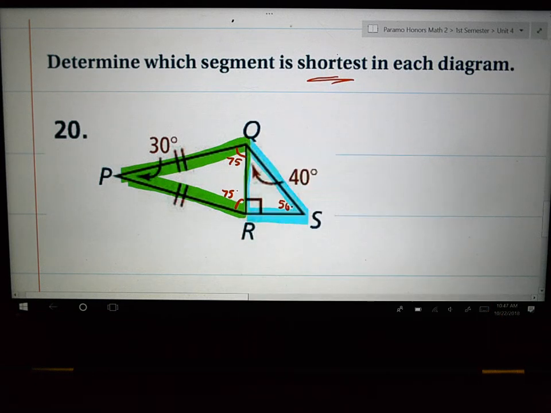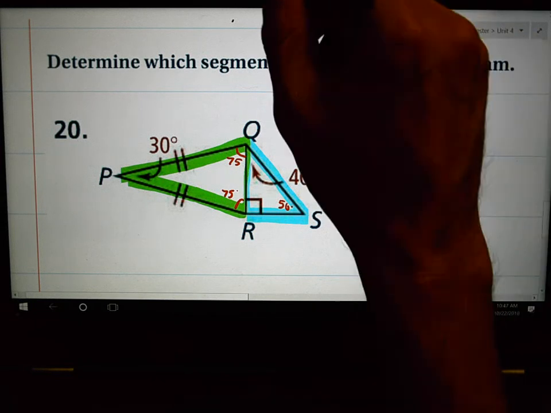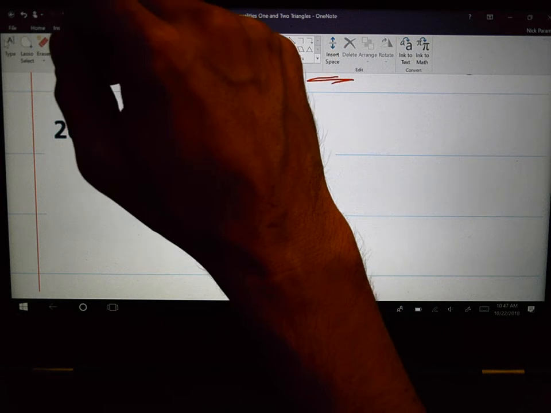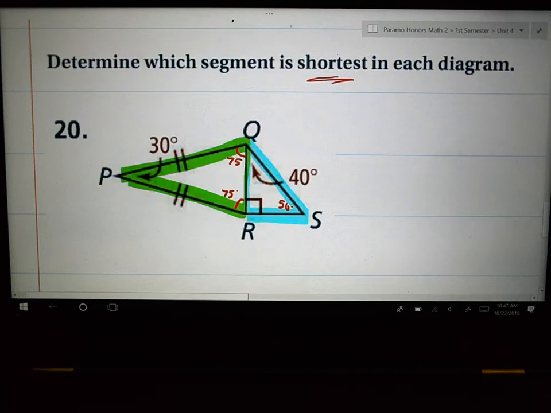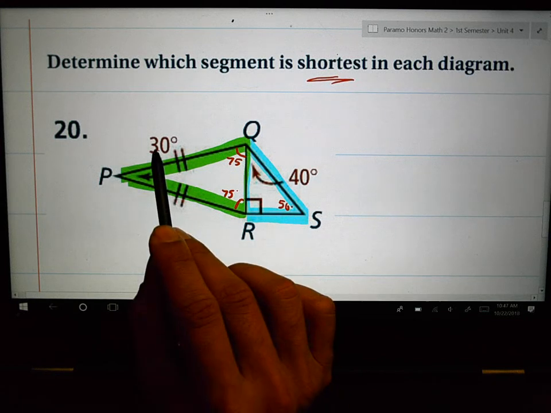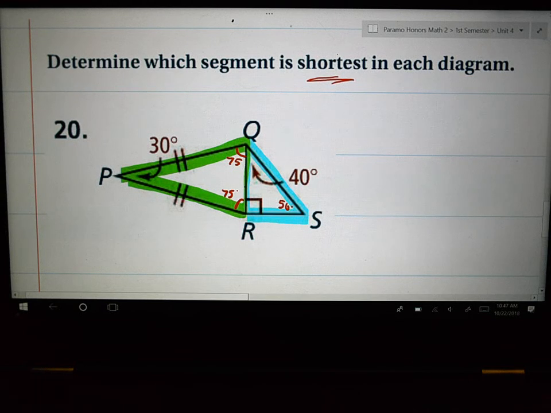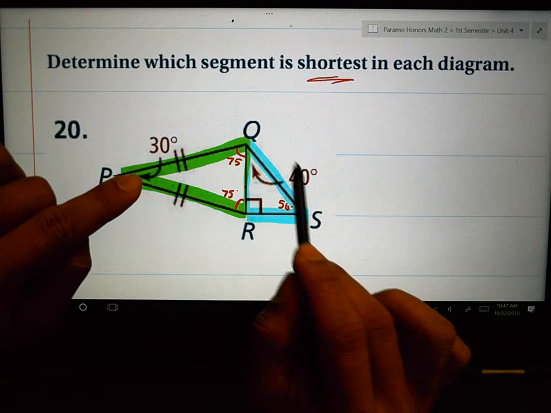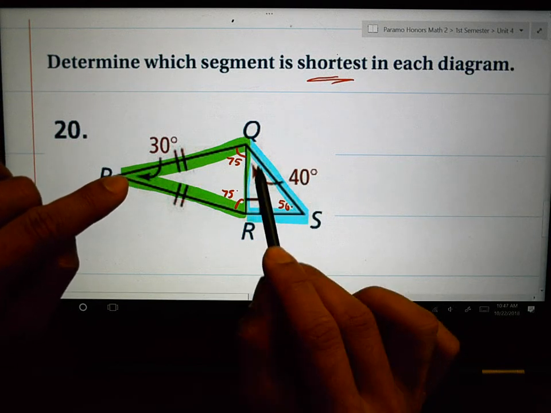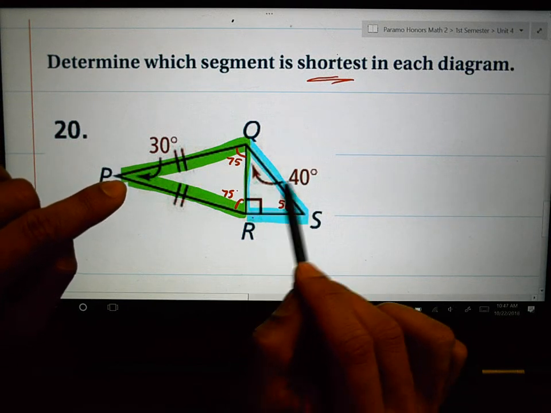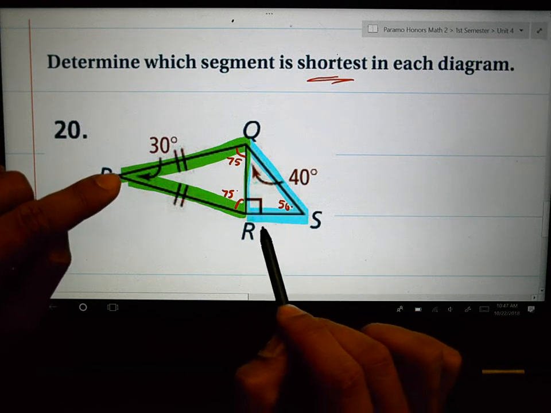I'm going to try to find the shortest side in the green triangle, and I'm going to try to find the shortest side in the blue triangle, and then I'm going to compare. Smallest angle? Oh, QR is the smallest in the green triangle. Has to be. I look over here in the blue triangle, 40 degrees. Oh, RS is the smallest angle, so RS is the smallest side.